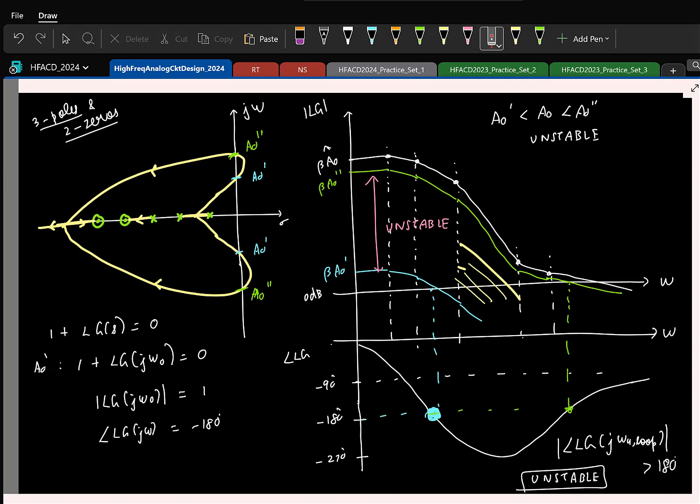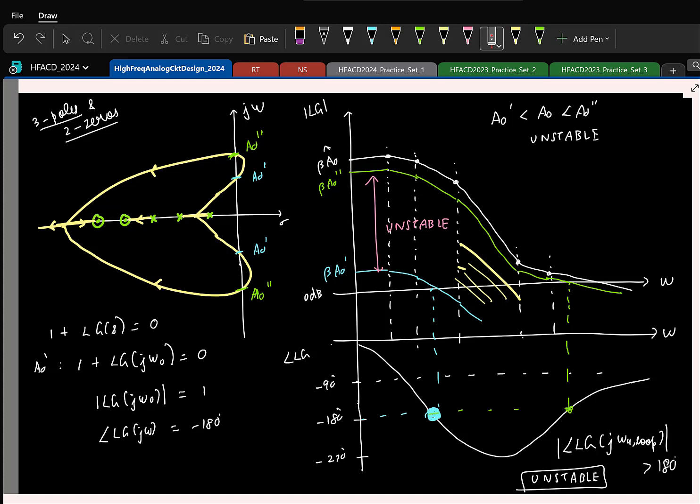And I saw that for these magnitude plots, whenever it crosses unity, the phase of that loop gain is much greater than minus 180. So the condition I have to look for is, first I find the unity loop gain frequency, then find the phase at that frequency. If that is greater than 180 in magnitude, I can definitely say that it is unstable.